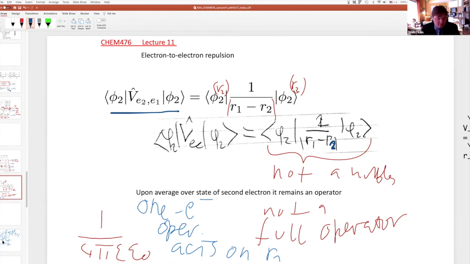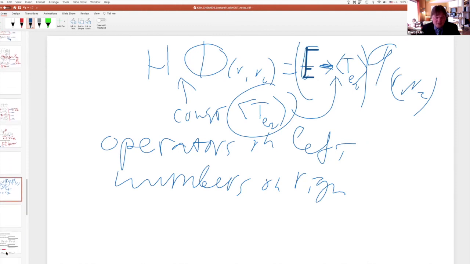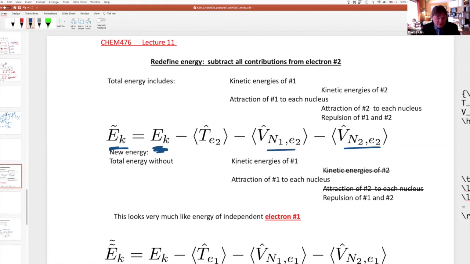Then, if you take our overall molecular Schrödinger equation and subtract from the eigenenergy the expectation value of kinetic energy and the expectation value of interaction between the second electron and the nucleus, there will be a remaining energy that will depend only on features of the first electron.